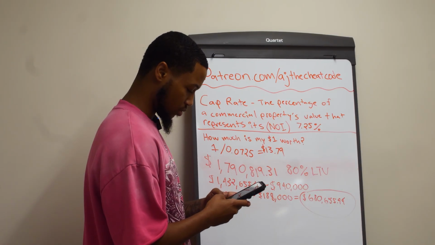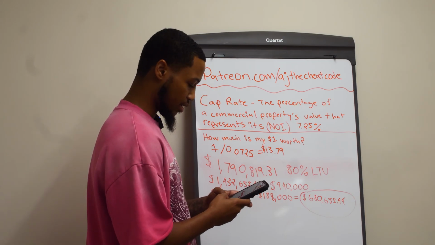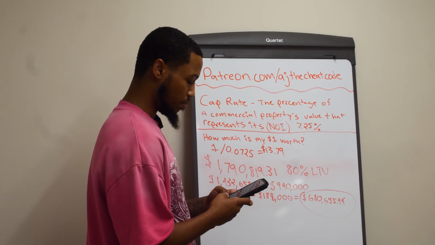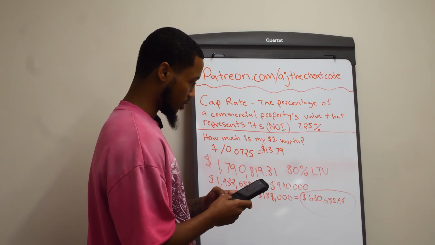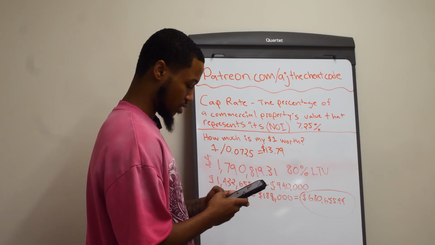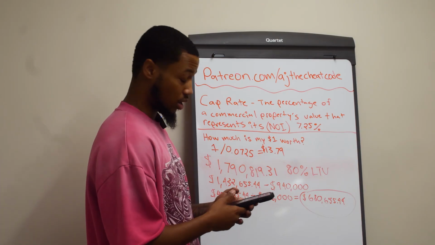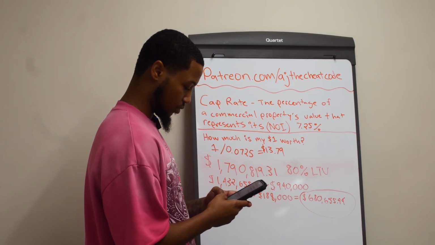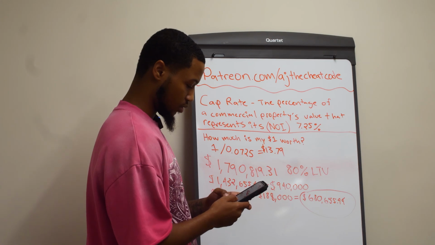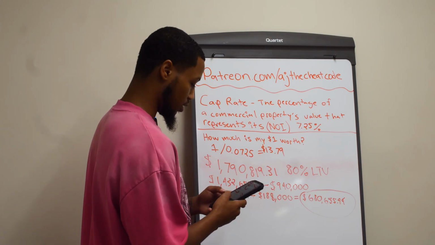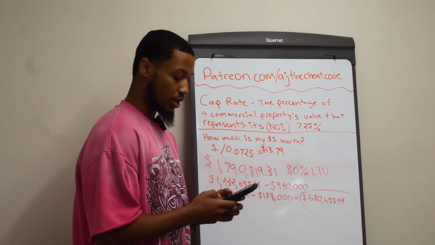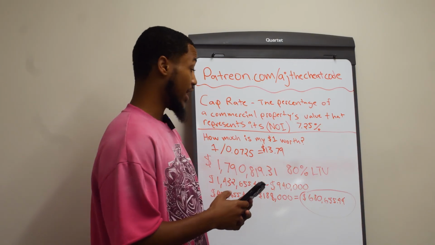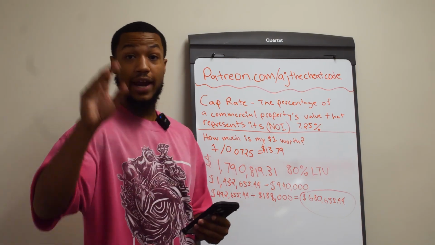I spent 188,000 and I made $655.44. I want to know what my rate of return is. So my rate of return is a grand total of 262.05% return. Insane.